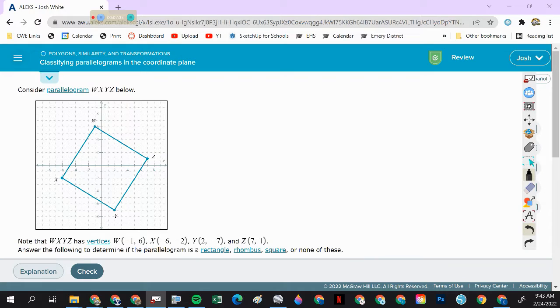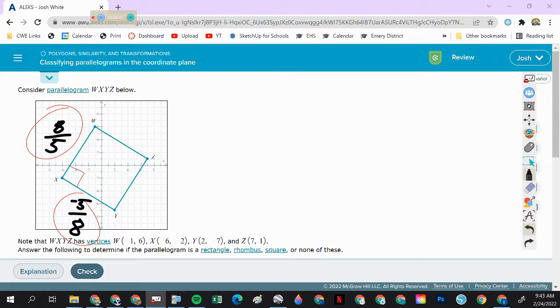So if this slope here is 8 over 5, and this slope is negative 5 over 8, how do I know that that is a right angle? How do you create a perpendicular slope? You flip it upside down and you change its sign. Yeah, if it's negative, you make it positive. If it's positive, you make it negative.